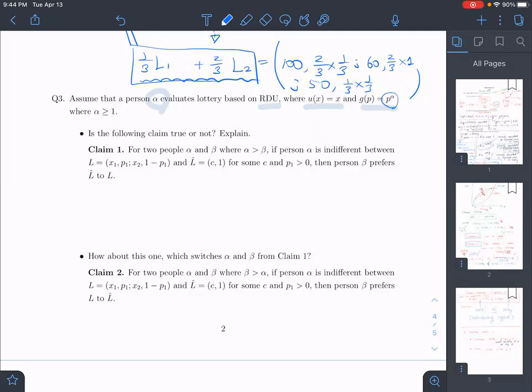So every person has the same utility function, but their probability weighting functions are different. If I call a person alpha, then his probability weighting function is p to the alpha. And assume that alpha is greater than 1. Is the following claim true or not? Explain.